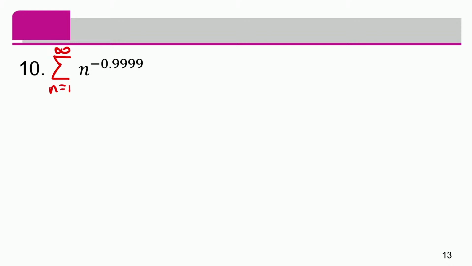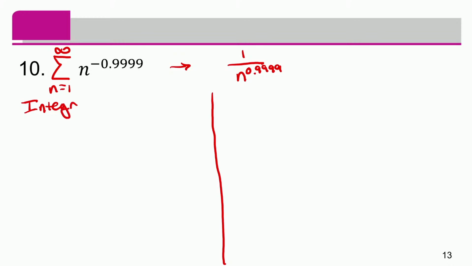The function that we're dealing with here is 1 over n to the 0.999. Now, there's two ways that we could do this. I'll do it both ways because we need to talk about both of them. One of them is the integral test. And the other one is, well, we'll get to that in a sec.